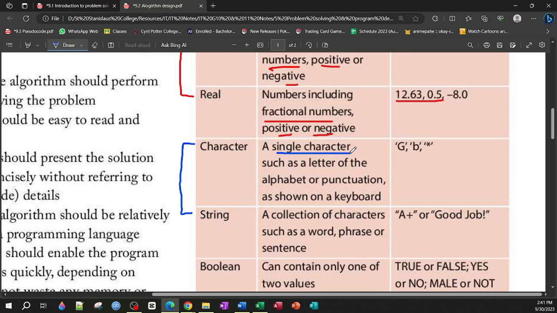A character is simply a letter or a symbol, a letter, a punctuation. As you can see on the right hand side, the letter G, the letter B, or the symbol asterisk. It's only going to store one single character. Not two, not three, one single character. If it's just a question mark, that is all it's going to store.